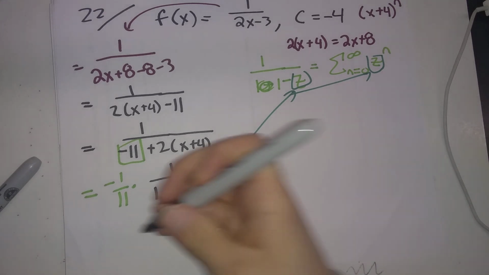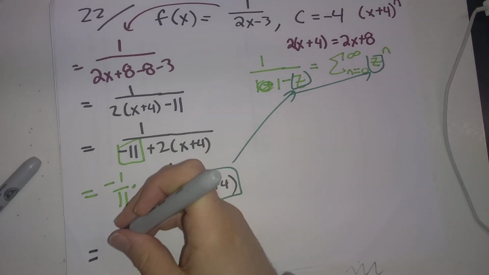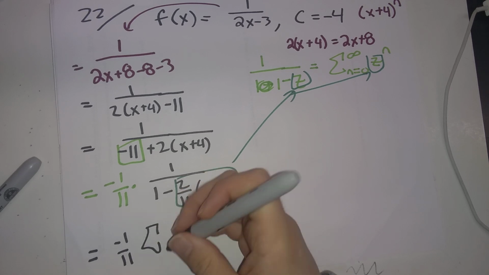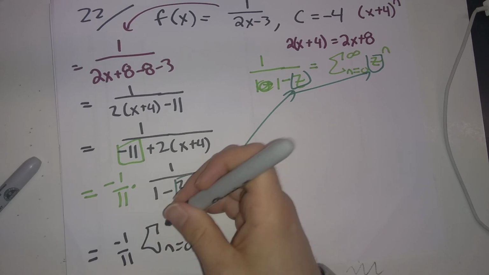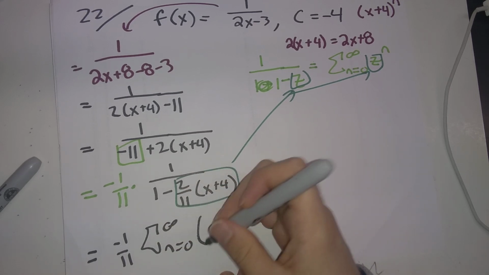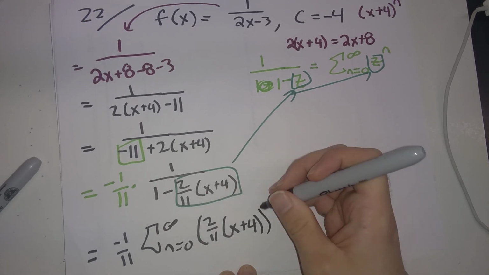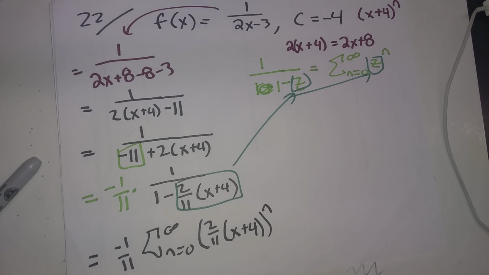And that's going to give us minus 1/11 times the sum of n from 0 to infinity of 2/11 times x plus 4 to the nth power.